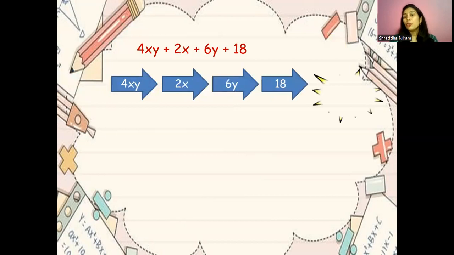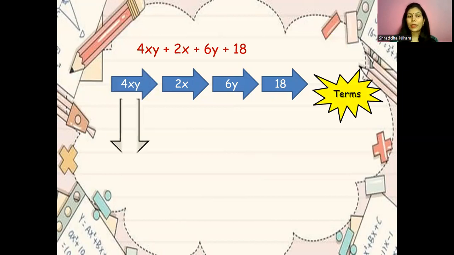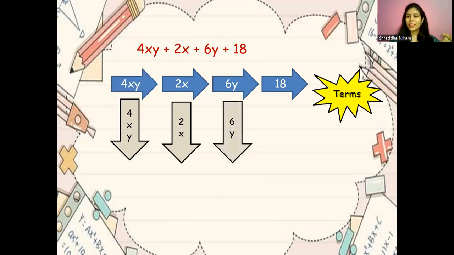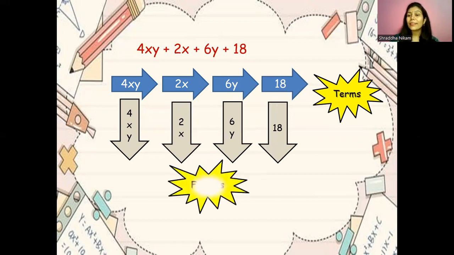These are known as terms of the algebraic expression. Let's split it further. Let's split the first term, that is 4xy. Second term 2x. Third term 6y. And the last one 18. When we split terms, we get the factors of that algebraic expression.